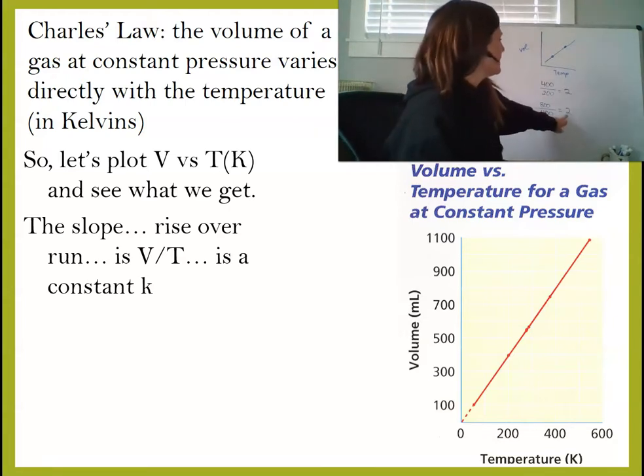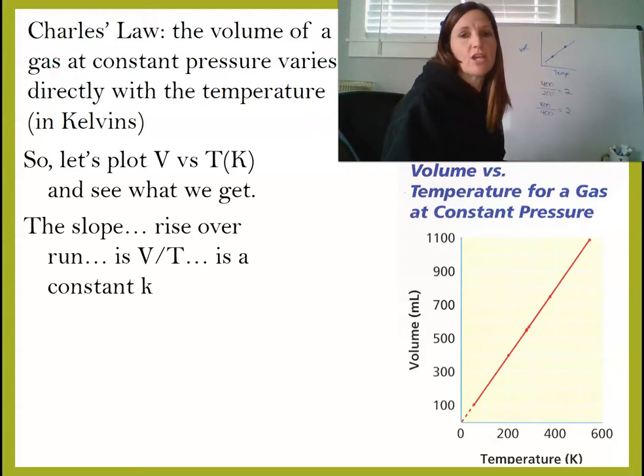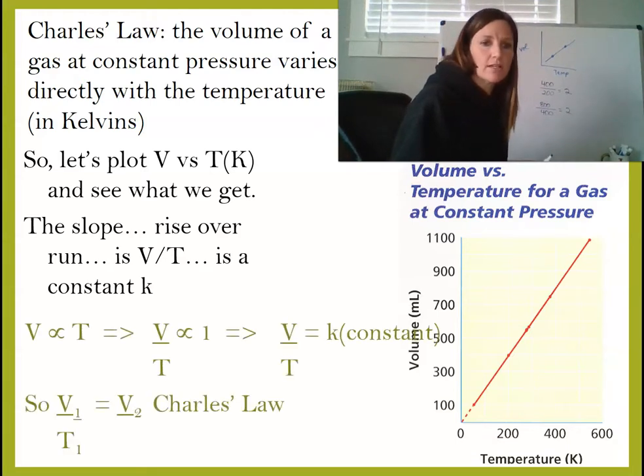So instead of setting these equal always to 2, we could set them equal to each other. And that's exactly what Charles' law does. It sets one rise over run equal to a second rise over run.